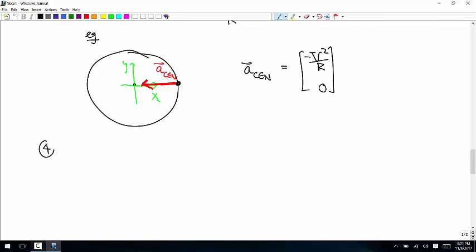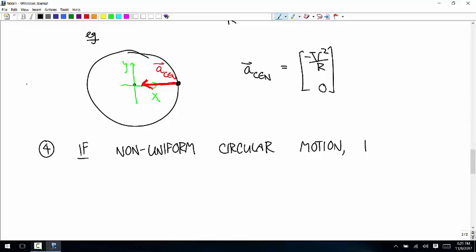For non-uniform circular motion, calculate the tangential acceleration based on whether the object's speeding up or slowing down at that instant.